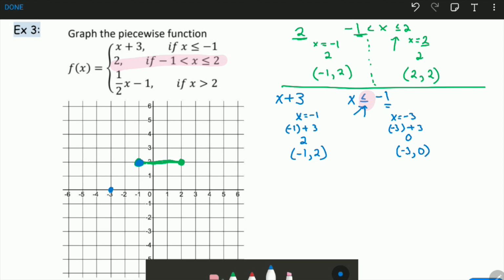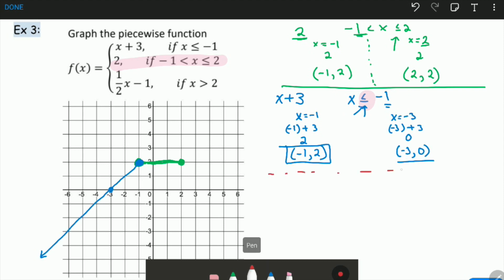Because this does not have a second endpoint, this is just a point on the interval, what we need to do is start at our endpoint, which is negative 1, 2, go through the second point I found, and then just keep going. This one does not stop at another endpoint because it's only bounded on one side. There's no second side for the inequality.